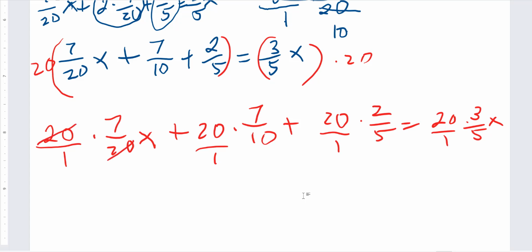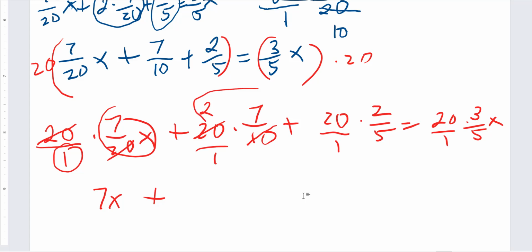These are identical, they match. I end up with 7x over 1, but anything over 1 is itself, so that's 7x. Here I can divide that by 10 and that by 10, leaving me with 2. I will have 2 times 7, which is 14, over 1. Anything over 1 is itself, so that's 14.